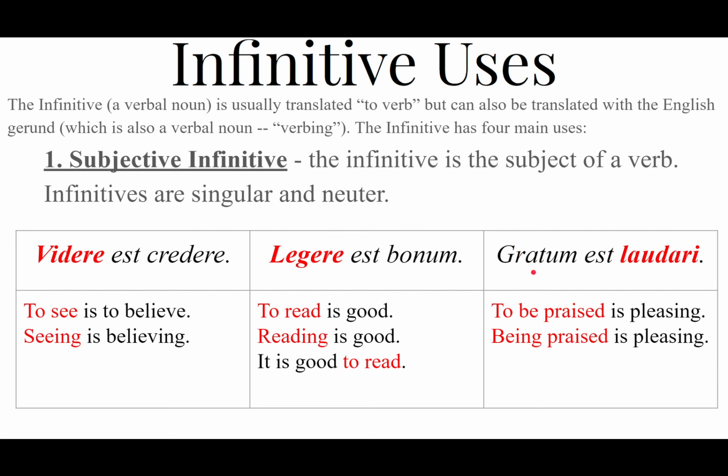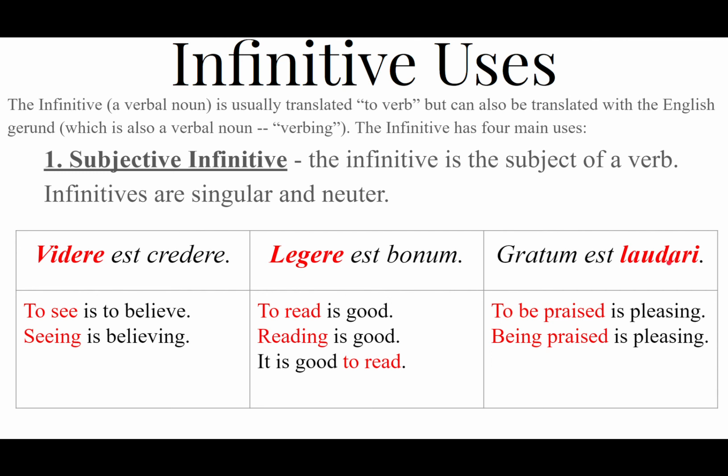Gratum est laudari. So it is grateful, it is pleasant, it is pleasing. What is pleasing? What is pleasant? Laudari, to be praised. To be praised is pleasing. Being praised is pleasing.